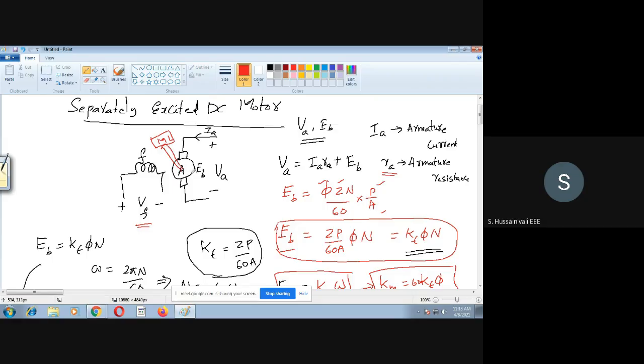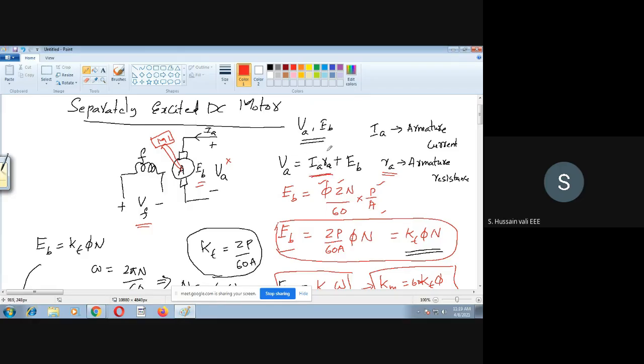Who is responsible for this torque? The power in this is responsible. So what is the power here? The power is voltage times current. Which voltage will you take here? Back EMF you will take. You don't take the armature voltage, because the entire terminal voltage VA which you are giving is not totally going to the armature as back EMF. In between there is another term, the drop across the armature resistance.